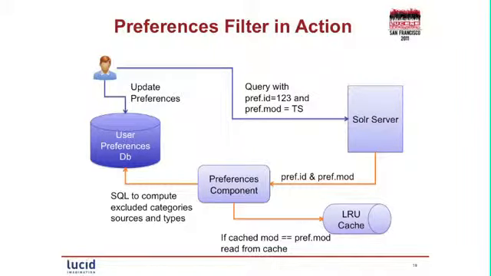So that gives you an idea of how you can customize, add your own search component, and pass search component specific query parameters to Solr. It'll then direct them into your component. Again, you want to consider caching because you don't want to go to the database every time. The LRU cache is built into Solr.